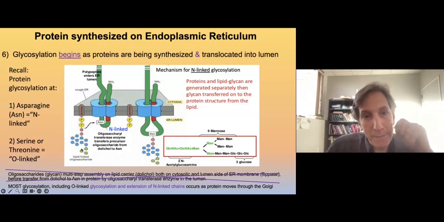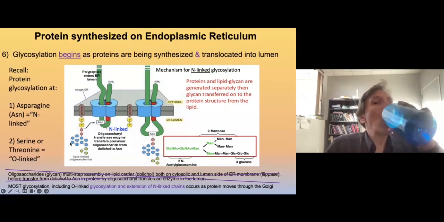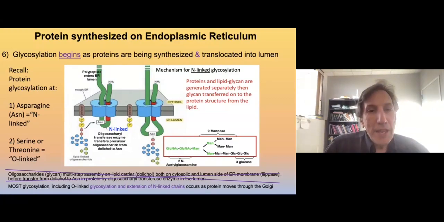And you get this branched oligosaccharide, multiple sugars linked together. You can see here's one branch, here's another one. There's an enzyme called oligosaccharyl transferase, or OST enzyme, that transfers the oligosaccharide from the phosphate onto the asparagine. And that's how you N-link glycosylate an ER protein.